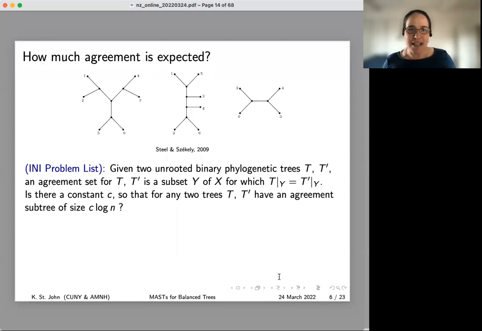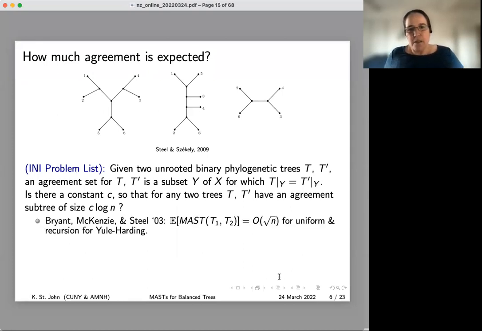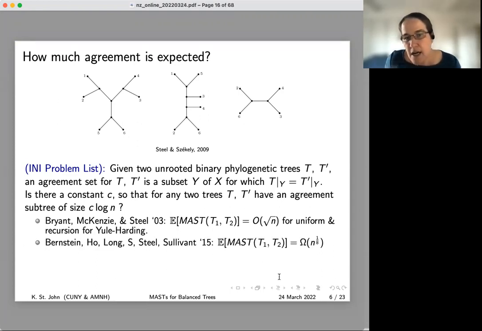The question we looked at there was inspired by earlier work by Bryant, McKenzie, and Steele that showed the expected agreement of 2 trees is square root of n, where n is the number of leaves, for a uniform distribution. And they came up with useful recursions for Yule-Harding.